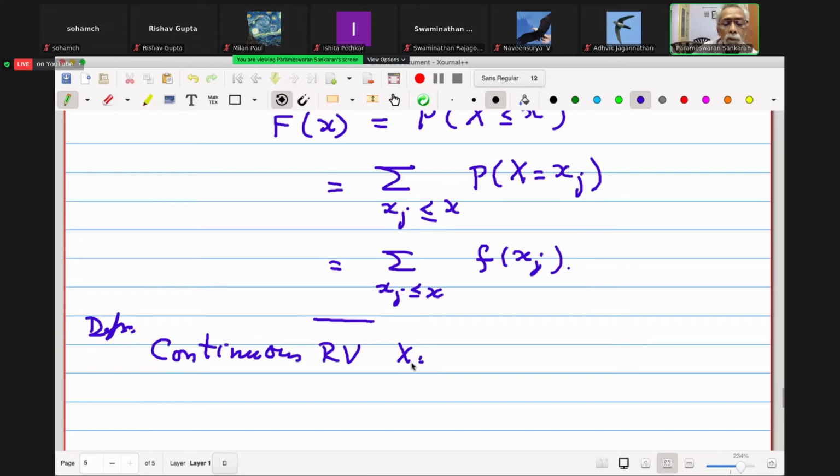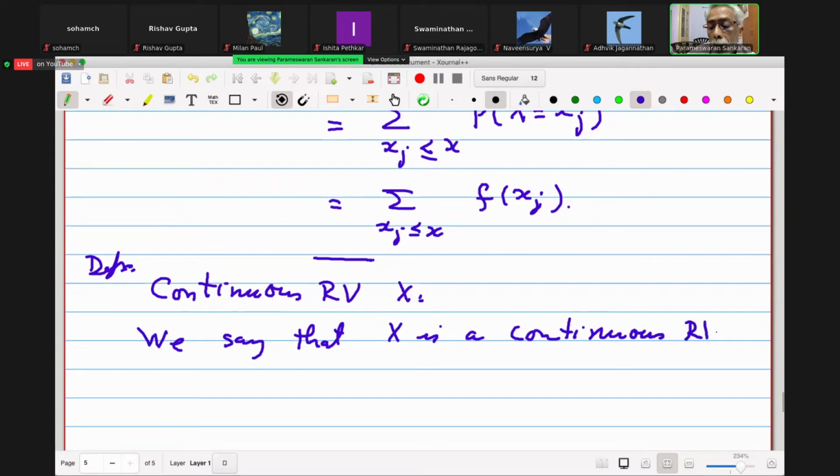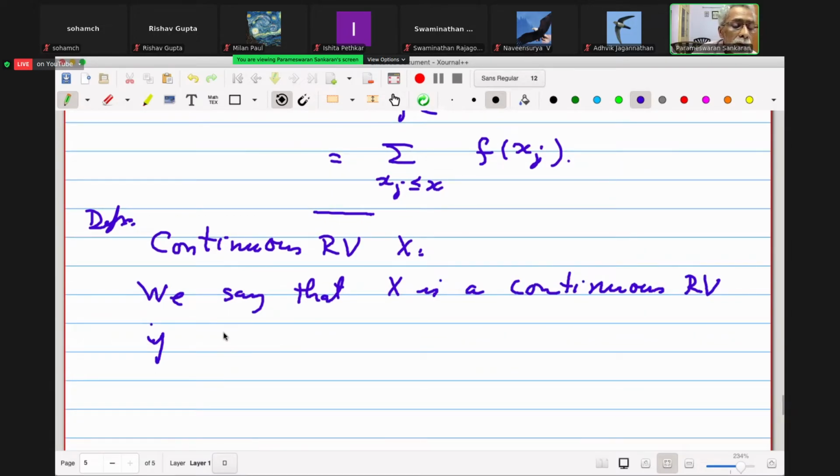We say that X is a continuous random variable if there exists a function f from the real numbers to [0,1], I suppose.